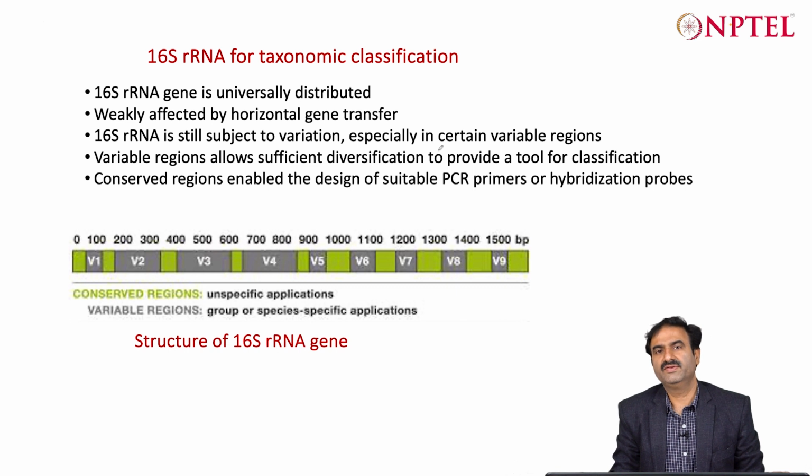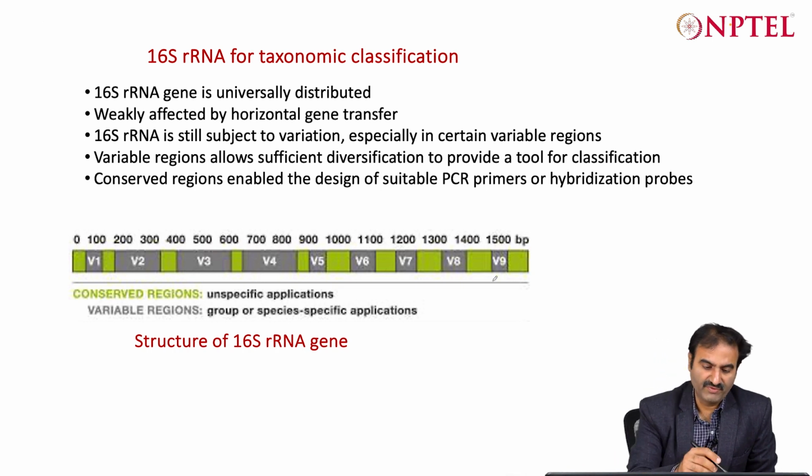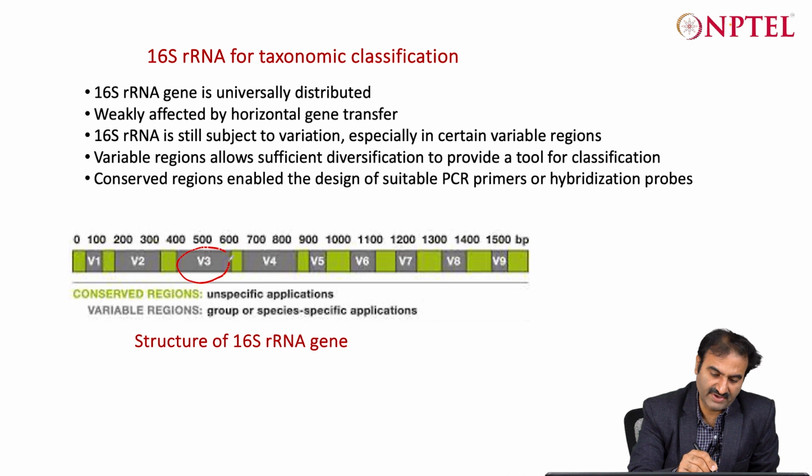Basically this 16S is a very good sequence because it is present everywhere and has variable as well as constant regions. If I want to amplify a region large enough, like the V3 region, to identify a species, I can design primers from the constant region to amplify this part.